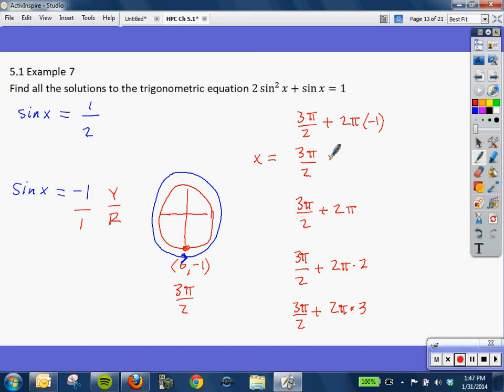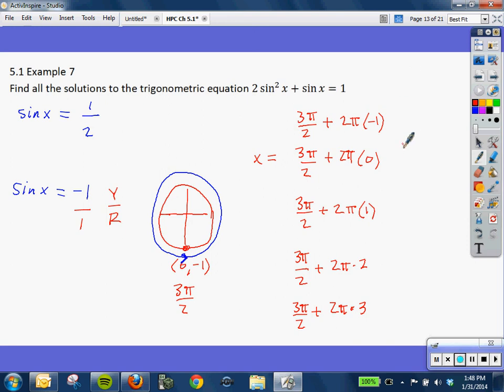So what we've done here is essentially establish a pattern. We have 3 pi over 2 plus 2 pi times a number that is varying each time. We're going to replace that varying number with a variable.